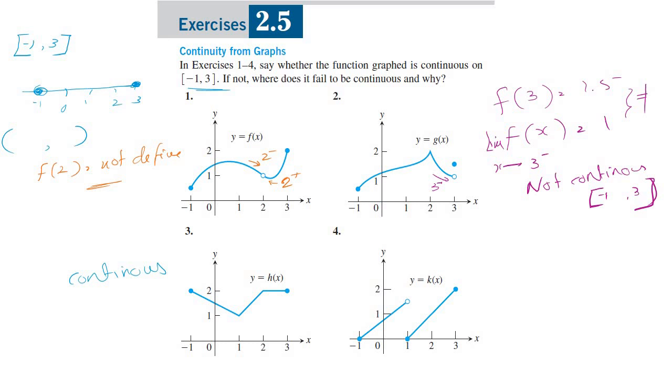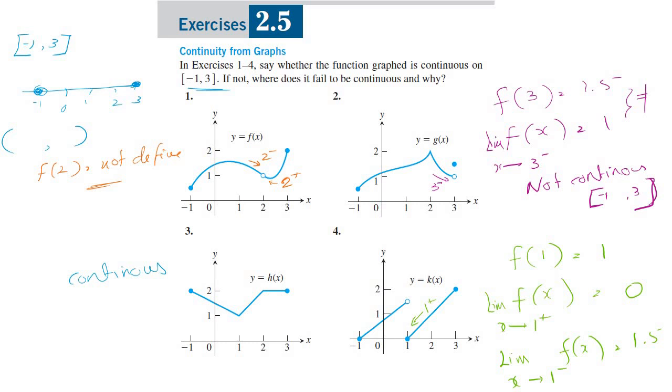We see -1 is defined, +3 is defined, but at x equals 1, sorry, not 0, the function at 1 is equal to 1. When x tends to 1 from the positive side, the limit is equal to 0, and the limit as x tends to 1 from the negative side is equal to 1.5.